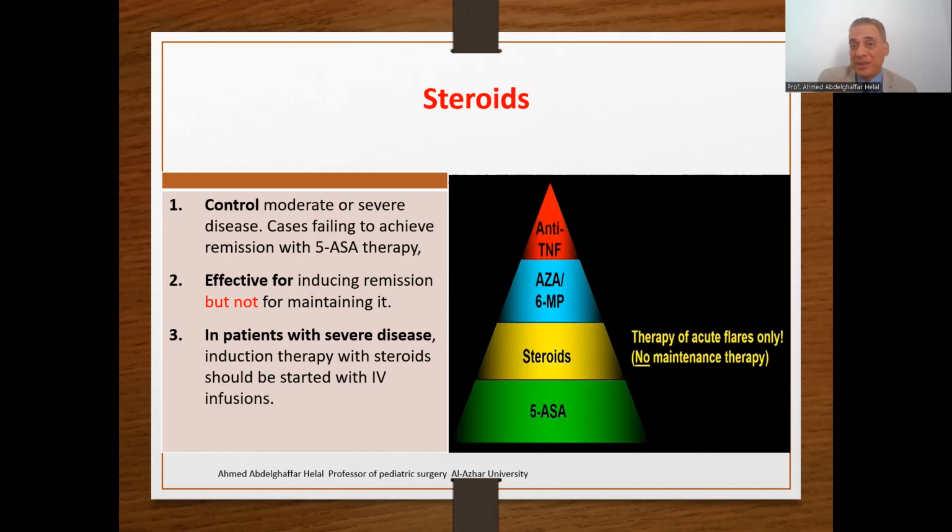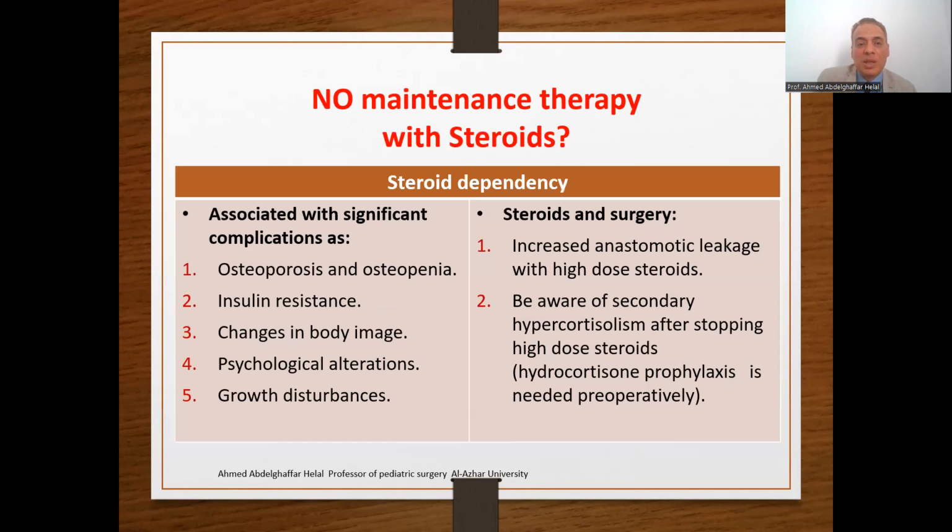However, the problem is that you cannot depend on steroids for maintenance due to their well-known side effects, such as osteoporosis, osteopenia, insulin resistance, change in body image, psychological alteration, and growth disturbance. Also, if you decide to perform surgery, steroids may have a bad impact on surgery.